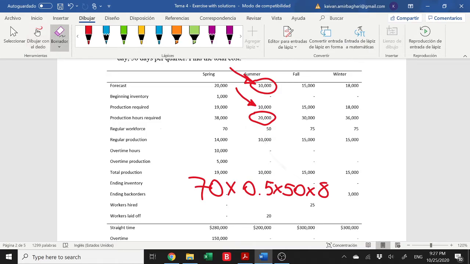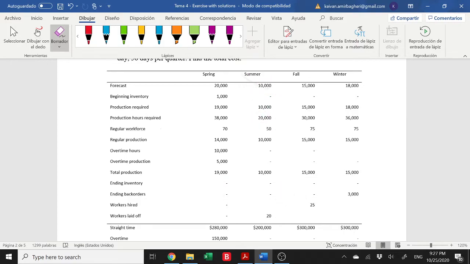As the problem gives us permission to fire or lay off some of our workers, we need to understand with how many workers we can produce these 10,000 units.